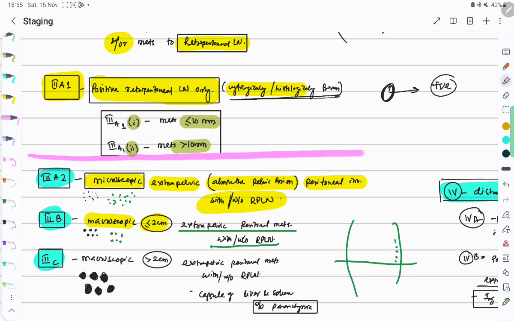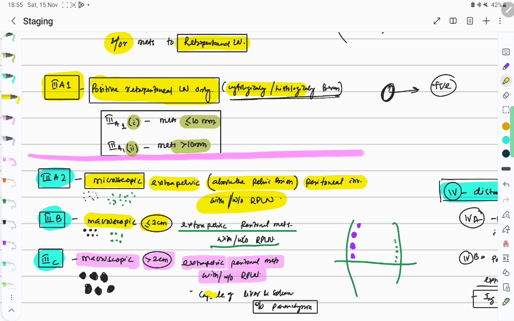Then coming to 3C. 3C is macroscopic but more than 2 cm. Same thing again, extra pelvic peritoneal involvement, metastasis with or without retroperitoneal lymph node involvement. If it is more than 2 cm size, that is macroscopic, more than 2 cm.